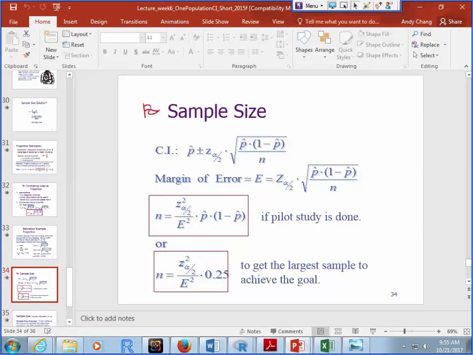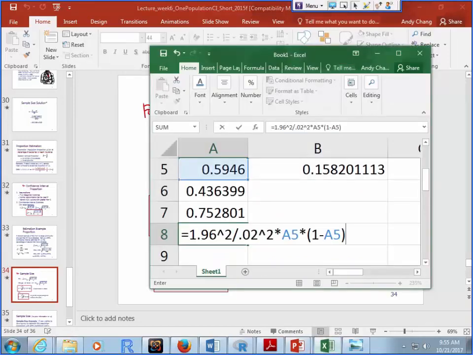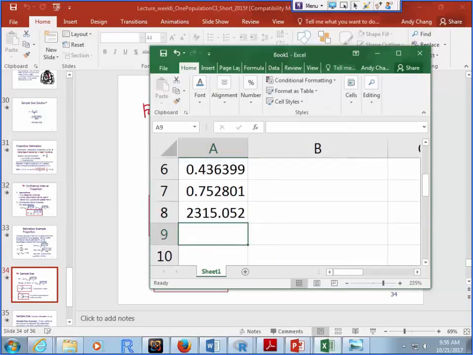The z-score that you need in that confidence interval estimation formula is z alpha over 2. So 95% is 1.96 squared, divided by 0.02 squared, times the proportion, times 1 minus the proportion. So that's how I got this.